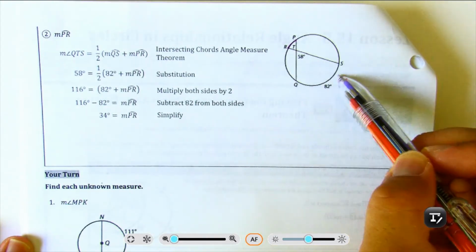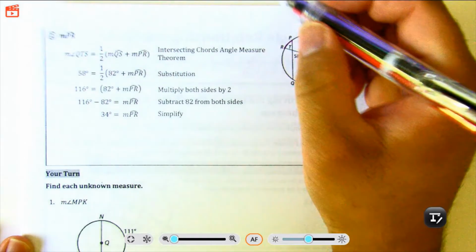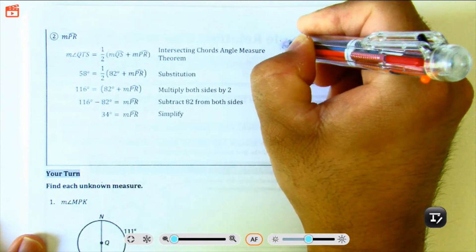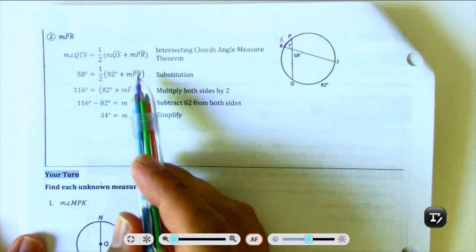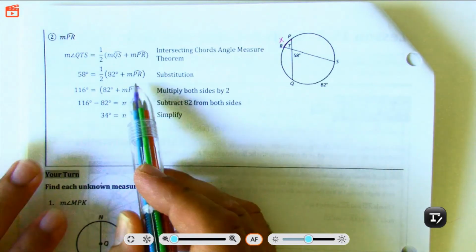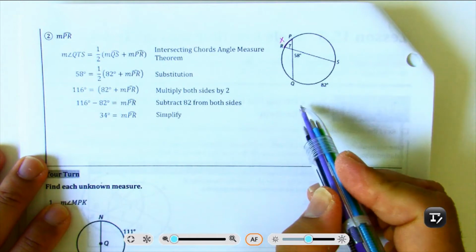For arc PR, I'm just going to call that X. When they did this problem, they just called it the measurement of arc PR. So let me just do this right here side by side so you can see the similarities and differences.